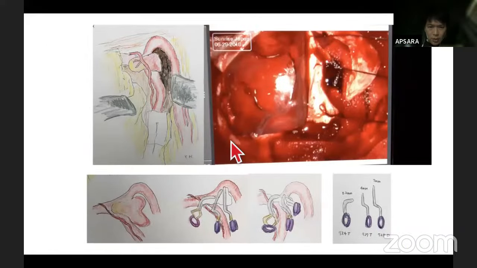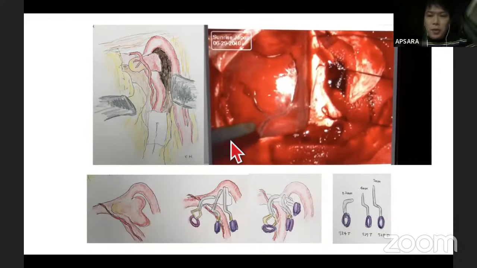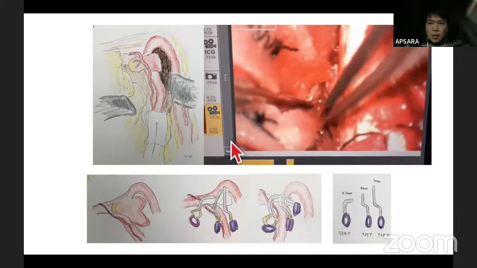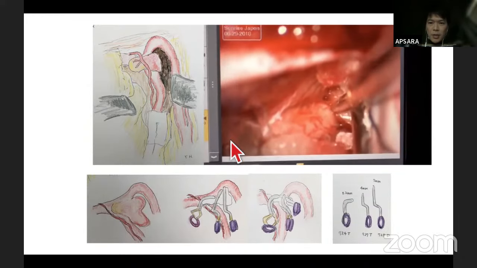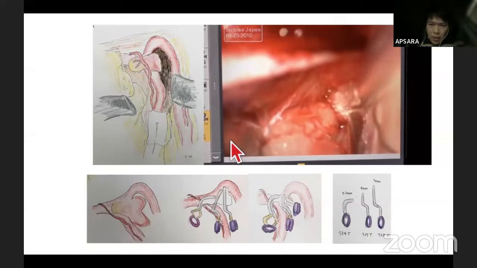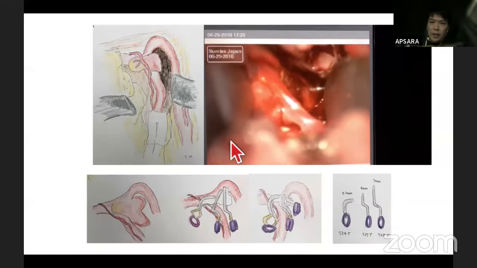Oh, this is actually the interhemispheric approach that I want to share for the hematoma cases. Interhemispheric cases are similar: just gently make a counter pressure and use sharp dissection by cutting.